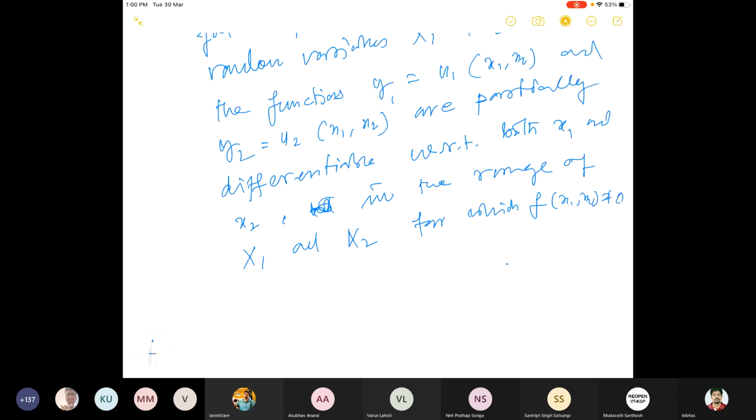Then, as we did for the previous single variable case, where we wrote y as a function of x, here we write y1, y2 as functions of x1 and x2.